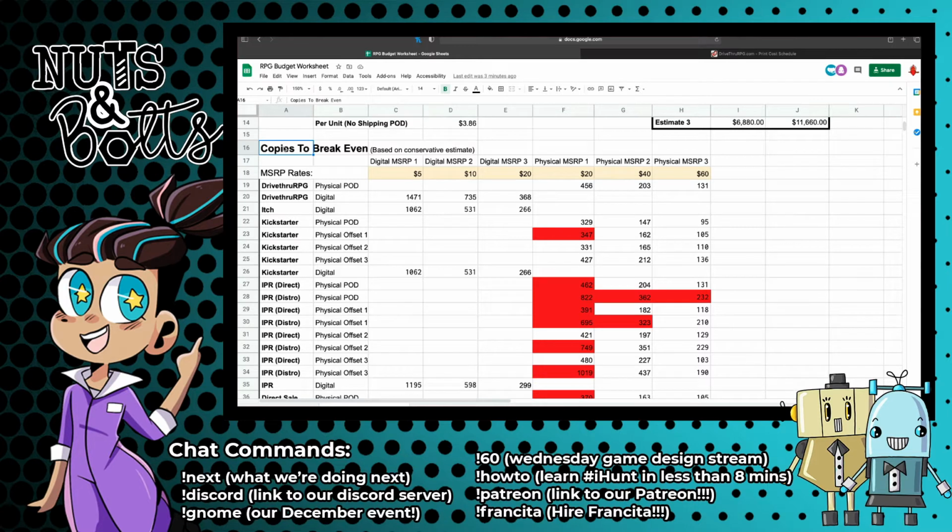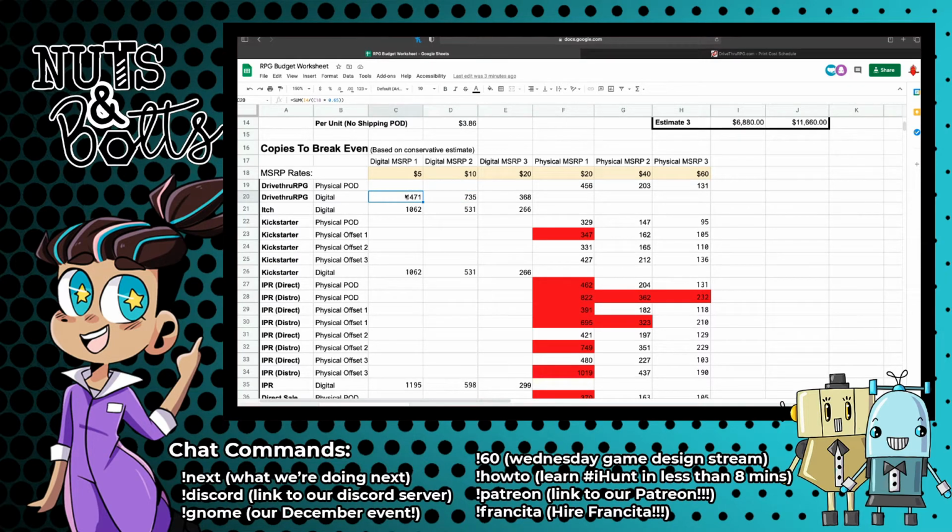The reason why you need to know how many copies to break even here is there's actually 2 reasons. The first is you just need to know whether or not your prices are reasonable. If you can't expect to sell 1,471 copies digitally, then your price is too low, because that's how much you need to break even. And this is using the conservative estimate, mind you, because this is the conservative budget sheet.